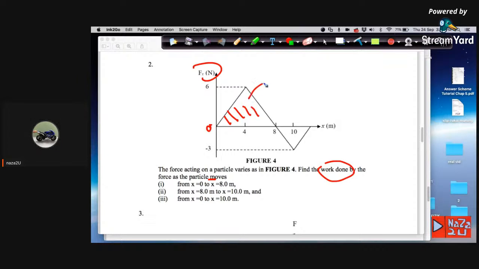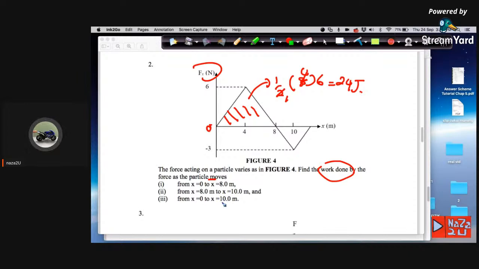So graph ni dalam bentuk segitiga. So yang pertama ni untuk mencari luas dia adalah half. Okay, this is 8 times dia punya high dia adalah 6. So kita dapat this is 24 joule.